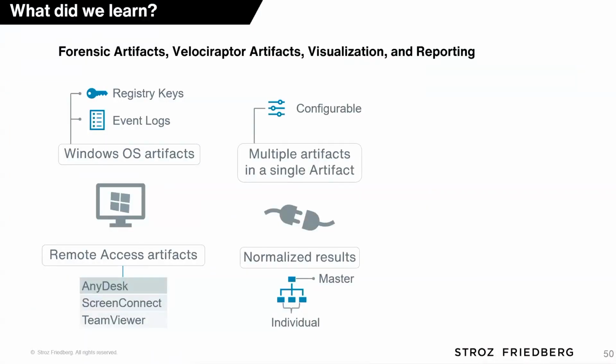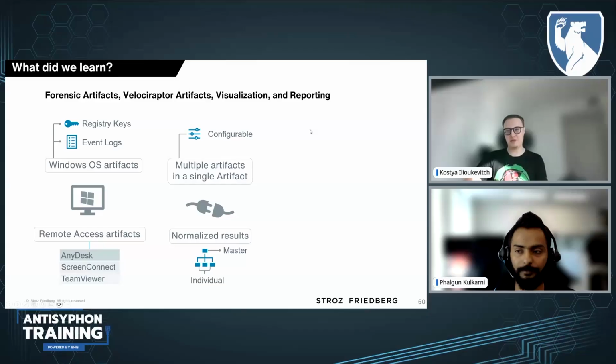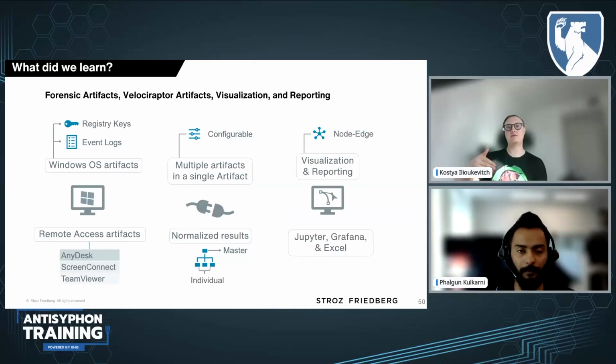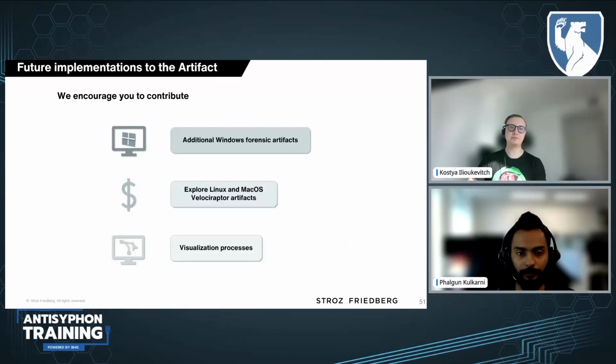And also, if your heart does desire to look into the individual output of one particular artifact source, that is available. We've also covered a few POC examples of visualizing that data set, as well as how you can potentially think about reporting that data set right away using tools such as Jupyter, Grafana, and Excel.